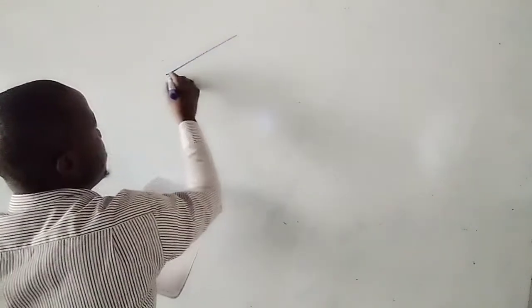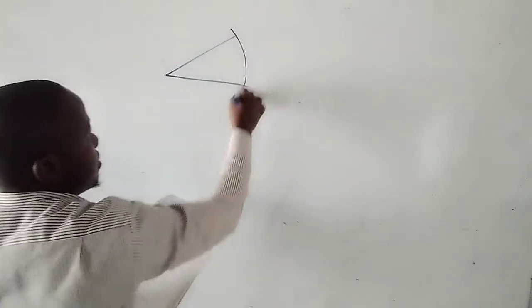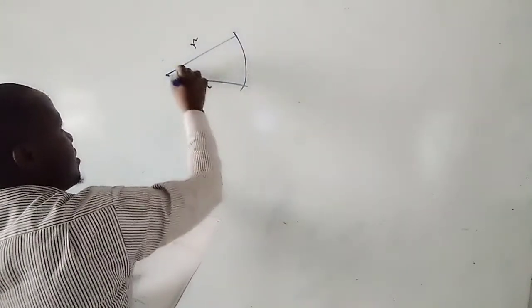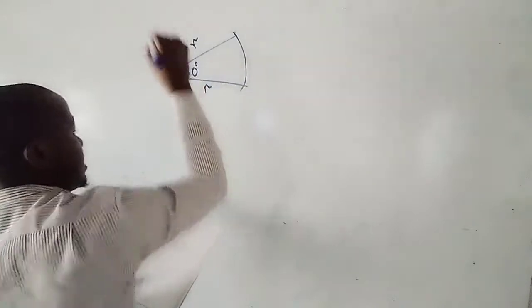We are told OAB is a sector of a circle of radius r, and the angle at the center is 60 degrees.